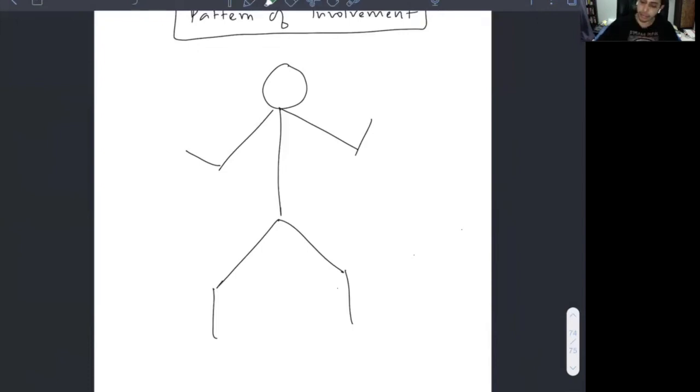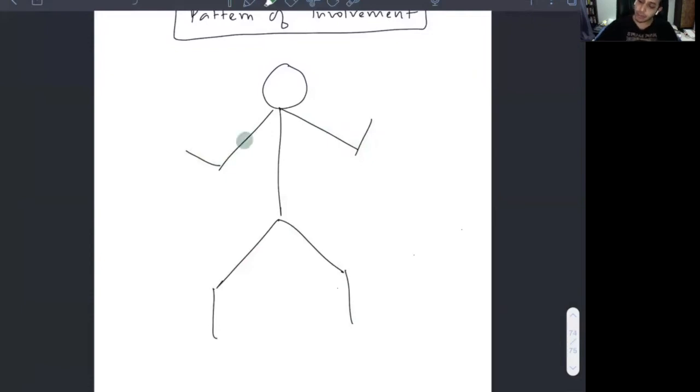Similarly, in myopathy, you can have involvement of either all four limbs, or only upper limbs initially and then lower limbs, or lower limbs initially and then upper limbs. But gradually, in most cases of myopathy, with time, all four limbs get involved.